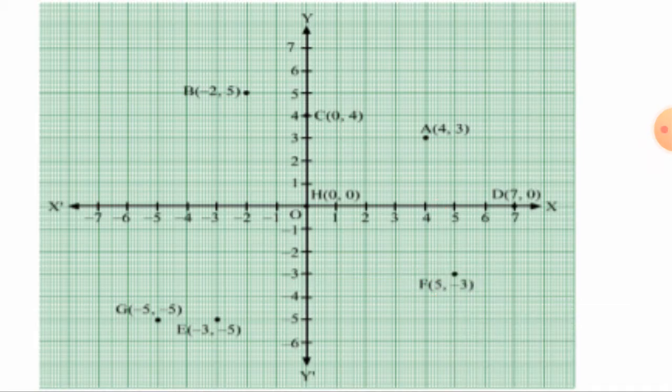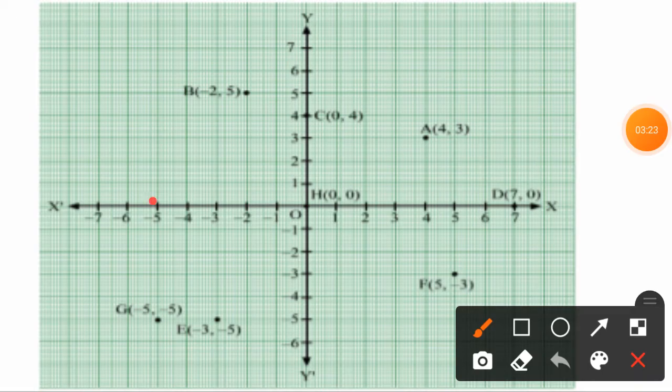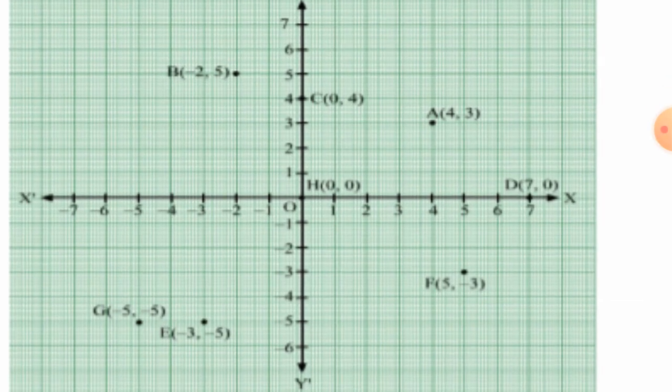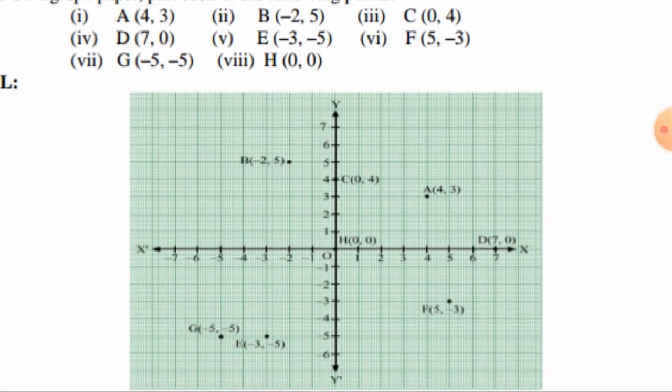In this way we can represent all the points, and in G we have to represent (-5, -5). From the x-axis it is -5 and from the y-axis also -5. So on graph paper we can represent these coordinate points.